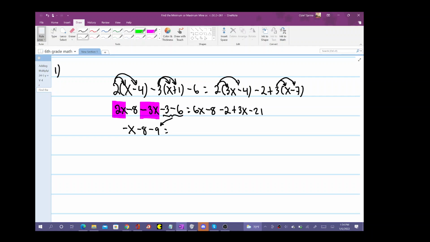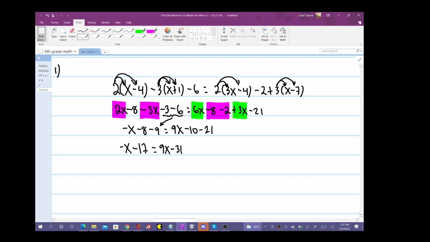So again, we have 6x plus 3x, that should be 9x. Negative 8 minus 2, that should be negative 10. And then we have a minus 21 there. So now we have negative x. Negative 8 minus 9 is negative 17. And then 9x minus 10 minus 21, that's 9x minus 31.